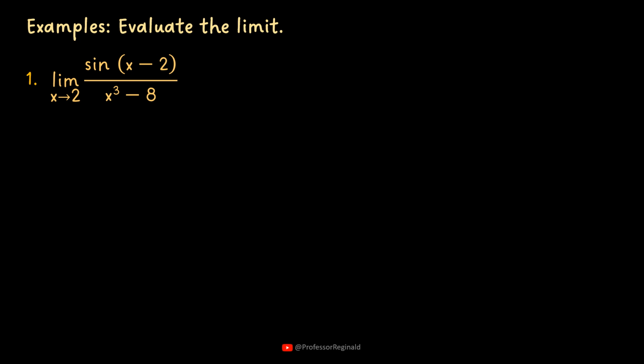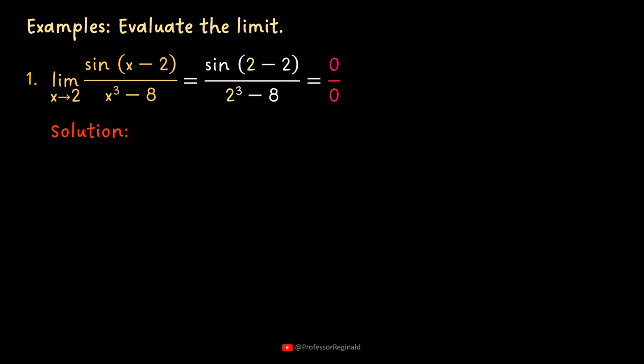Examples. Evaluate the limit. Number 1. The limit of the sine of quantity x minus 2 all over quantity x cubed minus 8, as x approaches 2. Solution. If we evaluate the limit by direct substitution of 2, the limit leads to the indeterminate form of type 0 over 0. To compute the actual limit, apply L'Hopital's rule.